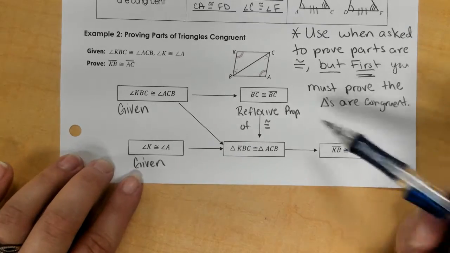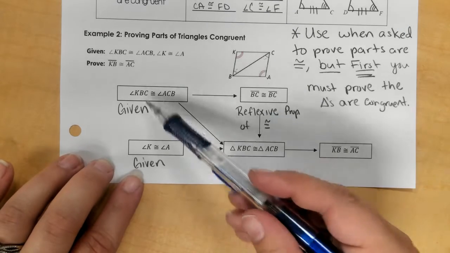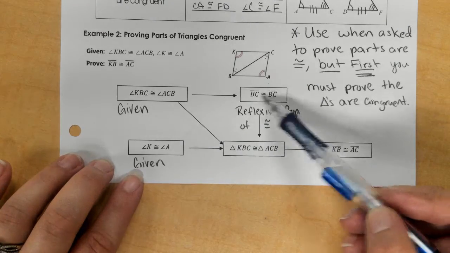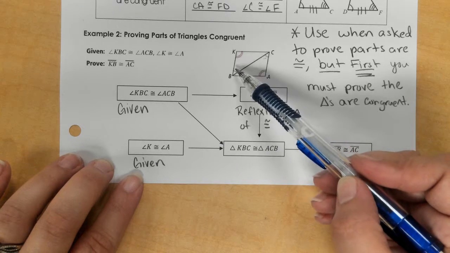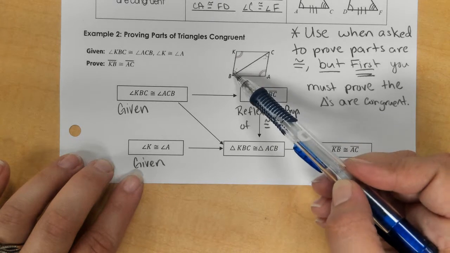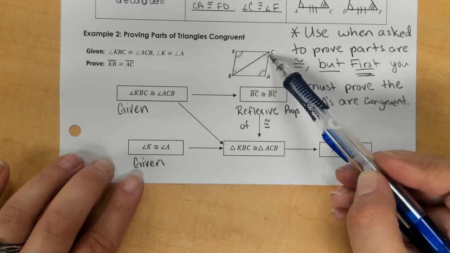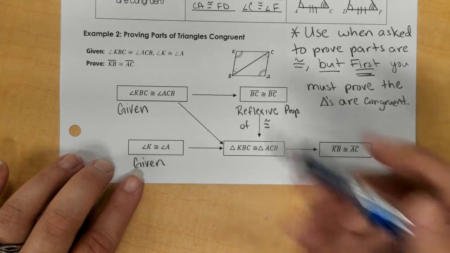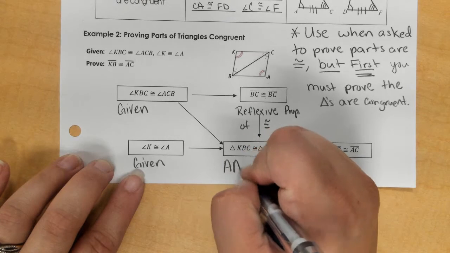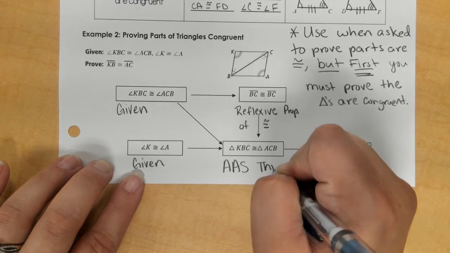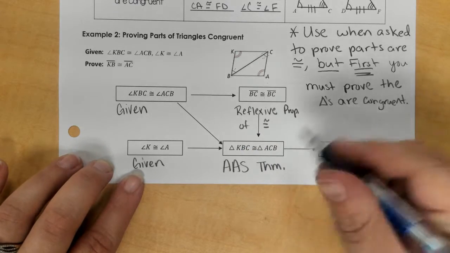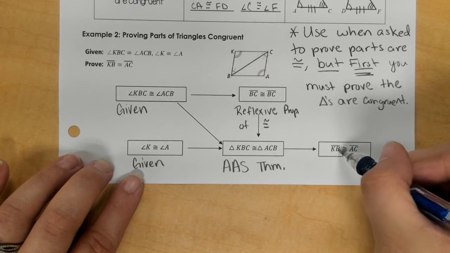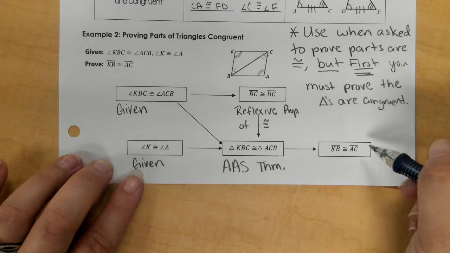So we have just proven, if you look at this, you have an angle, an angle, and a side. Angle, angle, side. So we've just proven that the two triangles are congruent by the angle-angle-side theorem. Does that mean that KB is congruent to AC? Well, absolutely.